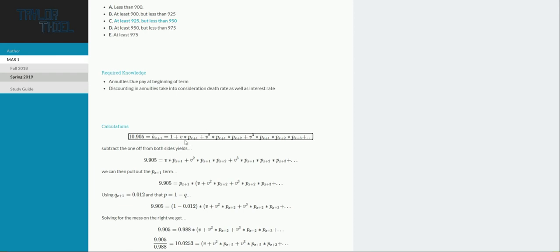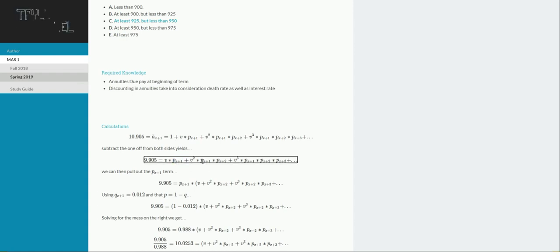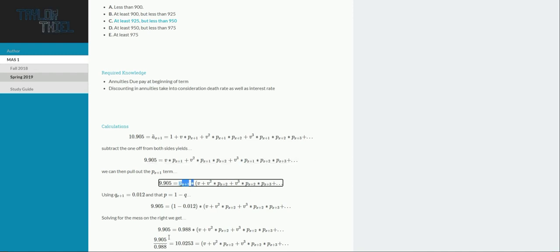First, we subtract 1 from both sides, and then we can pull out this common factor, because you'll notice it shows up in every term. Now we can abstract away the rest of this formula, since we know that at the end of the day it's going to equal 9.905, and just try to solve this long quantity.